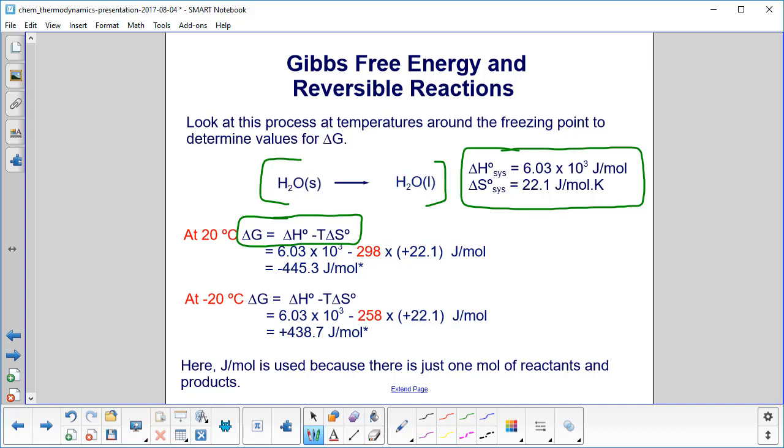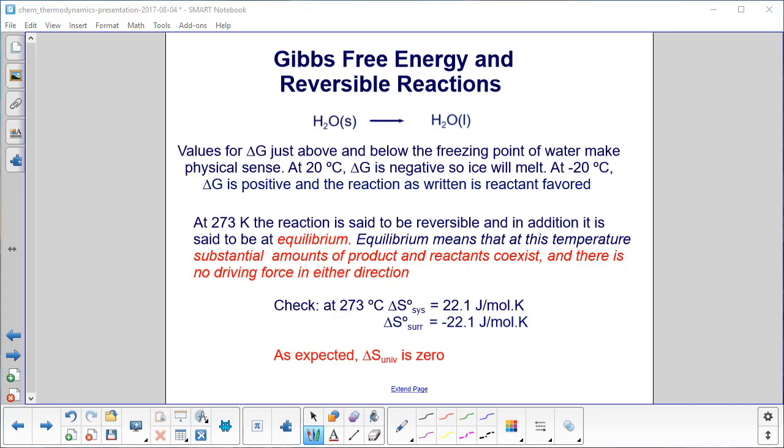But at 20 degrees Celsius, we're at 298 Kelvin. And at minus 20 Celsius, we're at 258 Kelvin. And let's see what happens to delta G. We have a negative value here for the first temperature, and positive here. Now we're going to use joules per mole here because there's just 1 mole of reactants and products.